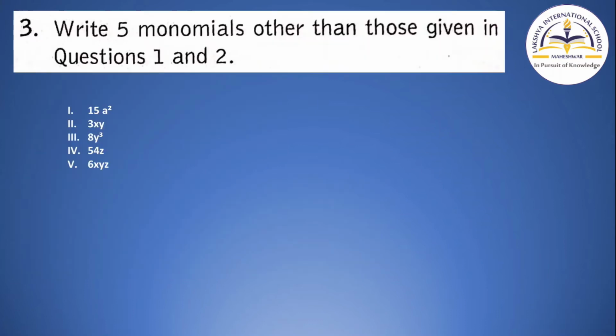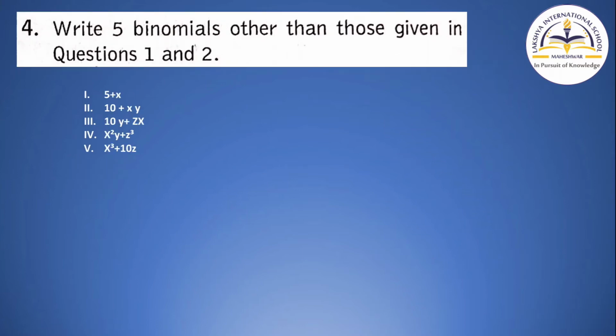Now question number 3, write 5 monomials other than those given in questions 1 and 2. You have to write just 5 monomials. You can write any. Suppose 15a square, 3xy, 8y cube, 54z, 6yz. Suppose 15y, 100x. So like this.